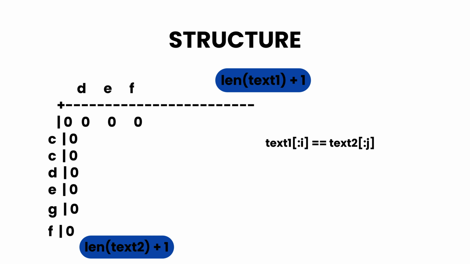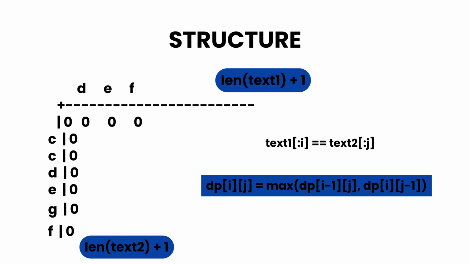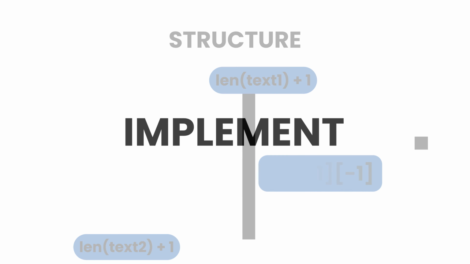For each index i in text1 and j in text2: if text1[i-1] is equal to text2[j-1], then set dp[i][j] to dp[i-1][j-1] plus 1. Else, set dp[i][j] to max of dp[i-1][j] and dp[i][j-1]. The answer is in dp[-1][-1].